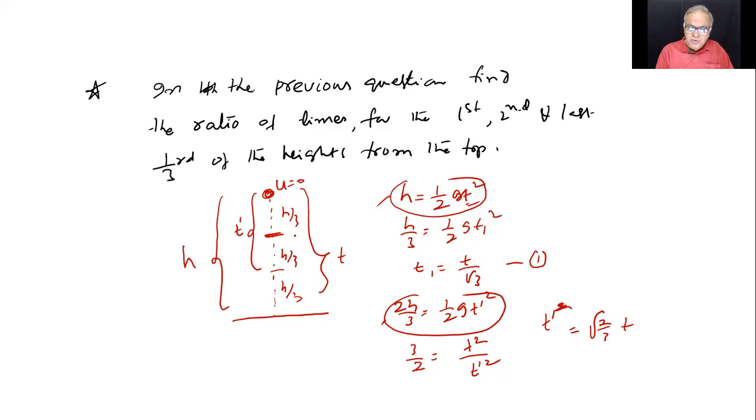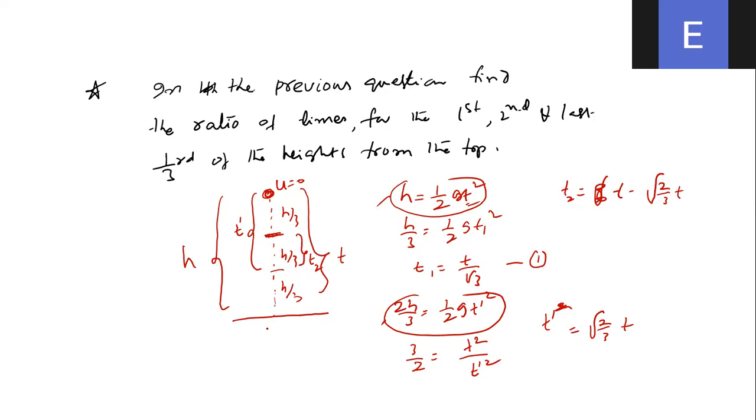So what will be t2 now? If I say this is t2, it will be t dash minus t1.